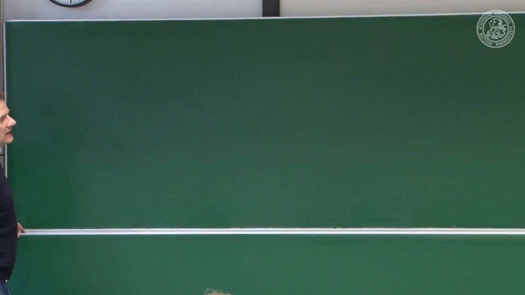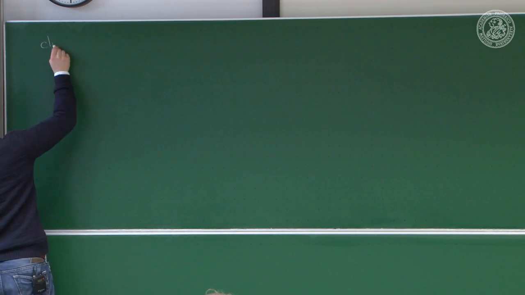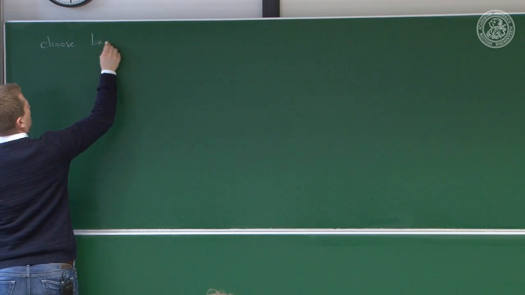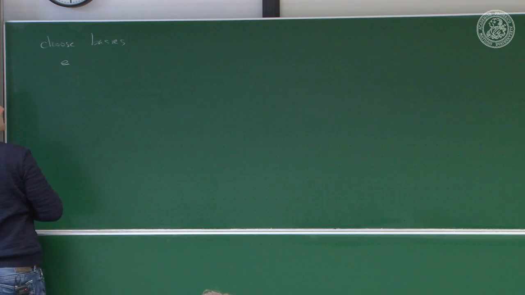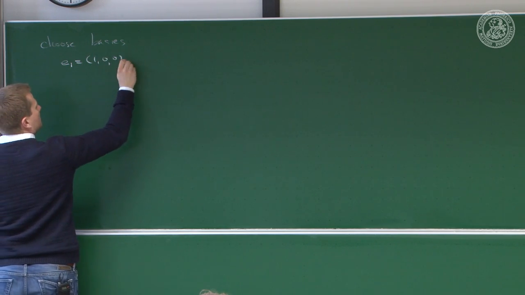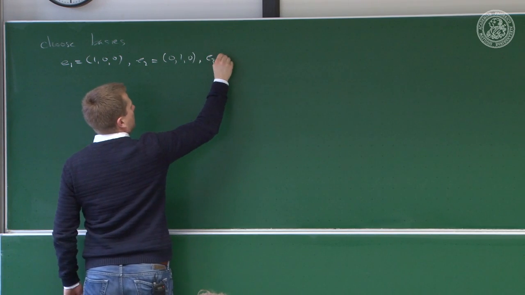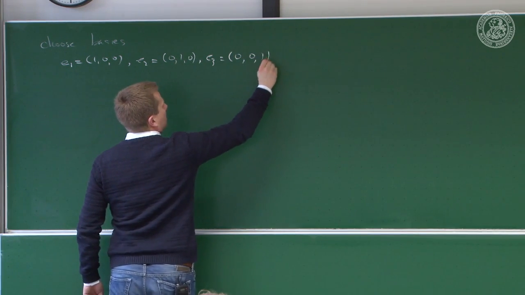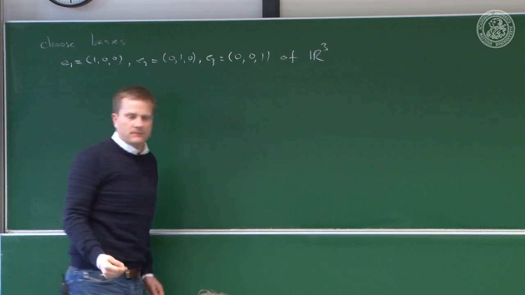So in order to write down explicit maps, it's useful to choose bases. So choose bases. And the first basis we choose is E1 equals 1, 0, 0. E2 equals 0, 1, 0. E3 equals 0, 0, 1 of R3.